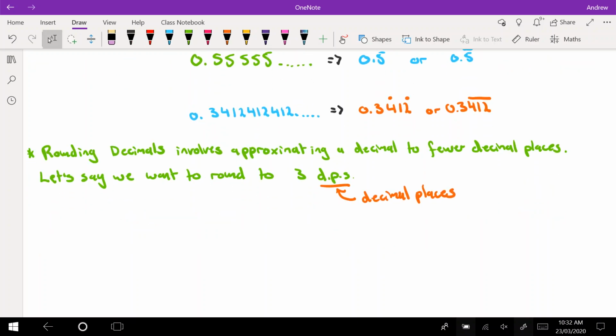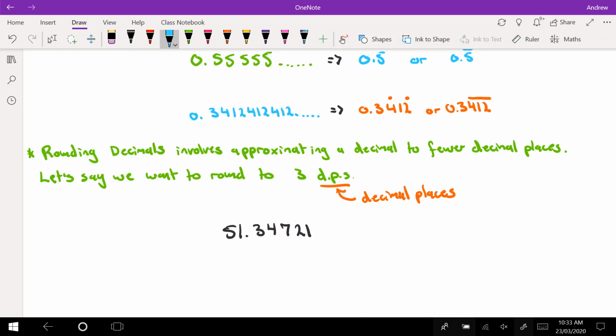Let's say I have the number 51.34721. So we want to round it to 3 decimal places.